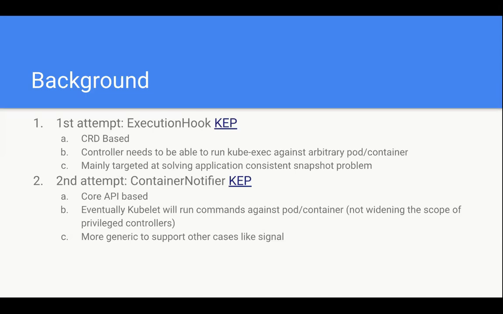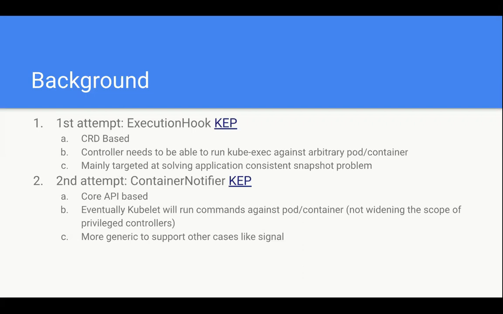Then Xiangqian and I went ahead and proposed this container notifier. It was core API based. Kubernetes will run the command against the pod and the container eventually. The main purpose is not to widen the scope of privileged controllers offered by the community.